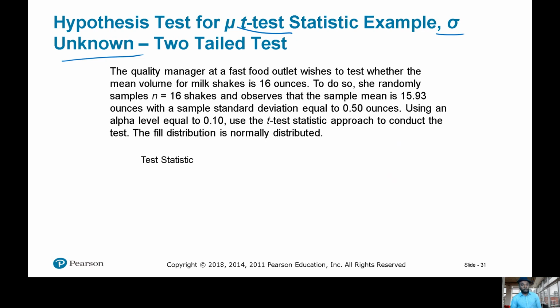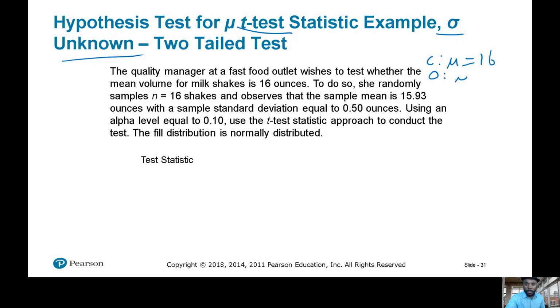Looking at this question, the quality manager at a fast food outlet wishes to test whether the mean volume for milkshakes is 16 ounces. So what we're saying here is that the claim is that mu is equal to 16.